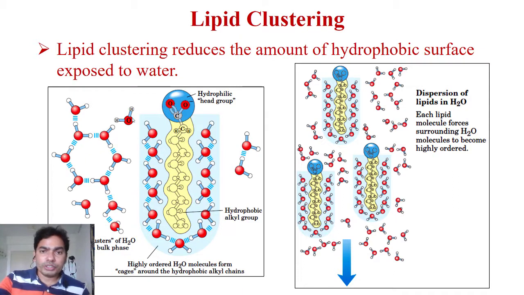As you can see in this structure, this is the phospholipid, this is the hydrophilic head group, where there is a phosphate and some other nitrogenous functional group, and then this is the hydrophobic alkyl chain, meaning the fatty acid chain.